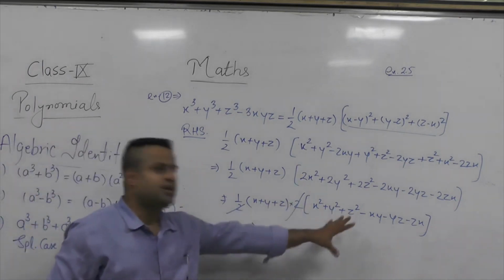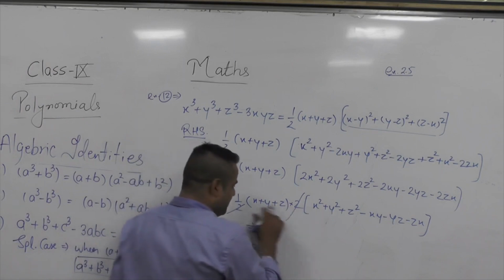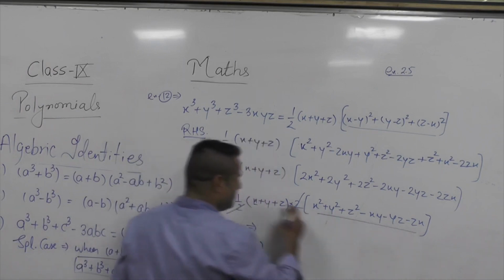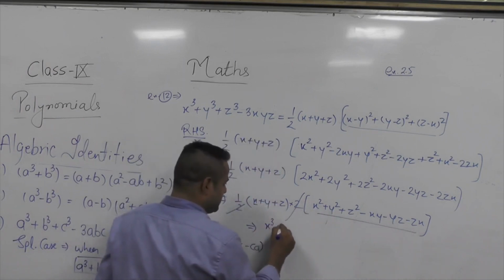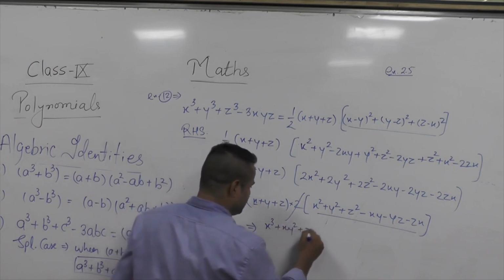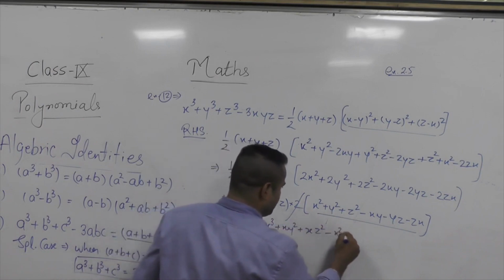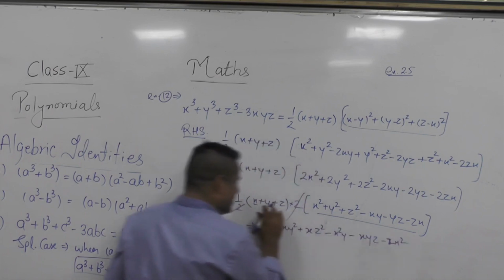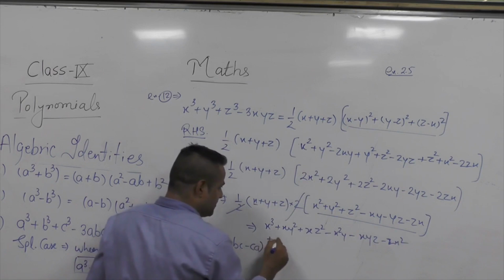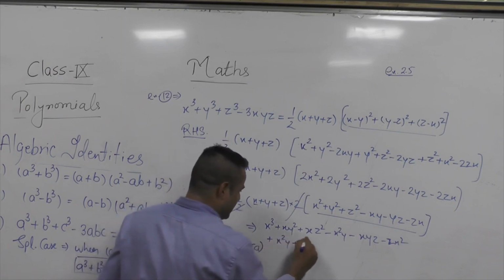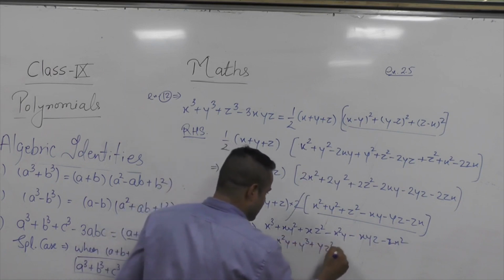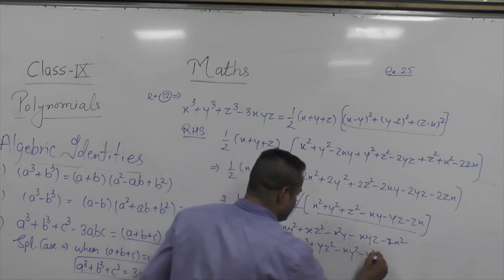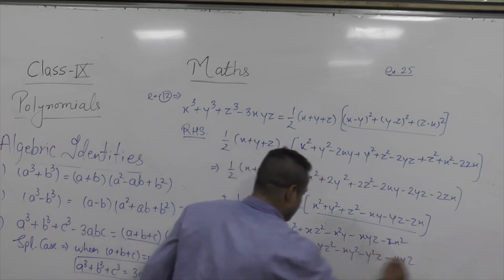Or either you can multiply the whole term. I am multiplying here. We can multiply this whole term with x, so it will give us x cube plus xy square plus xz square minus x square y minus xyz minus zx square. Then we can multiply it with y, so that it will give us x square y plus y cube plus yz square minus xy square minus y square z minus xyz.